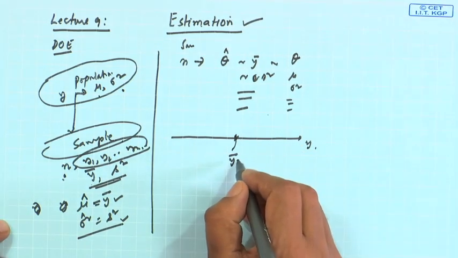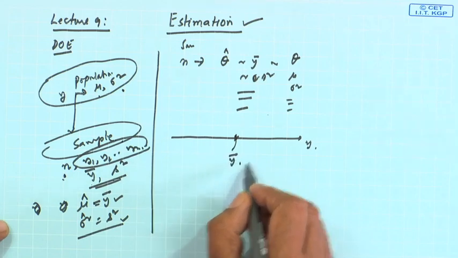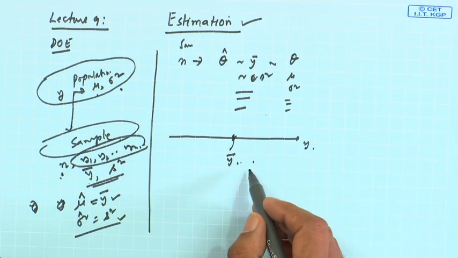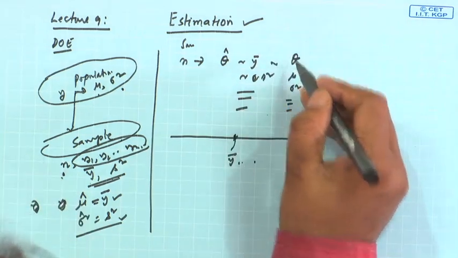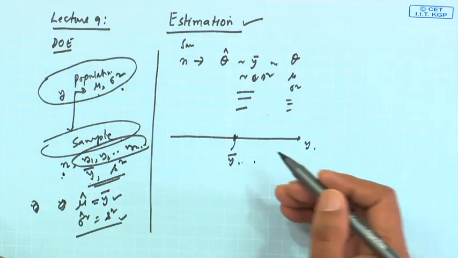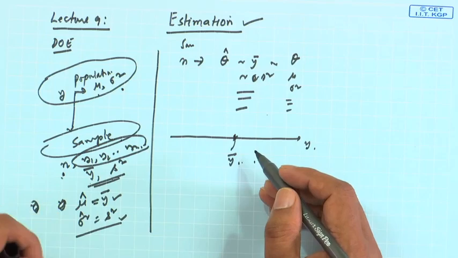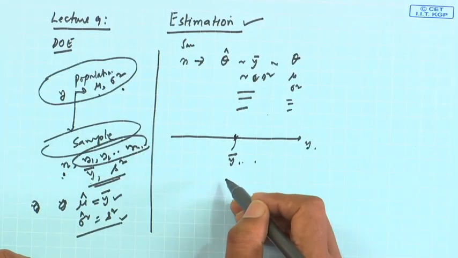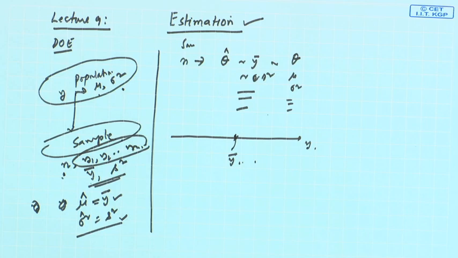Now, this y bar can represent mu, that means the population mean, or may not, and as a result we require some amount of confidence when we say that the estimated value of the population mean is this. That comes under interval estimation.